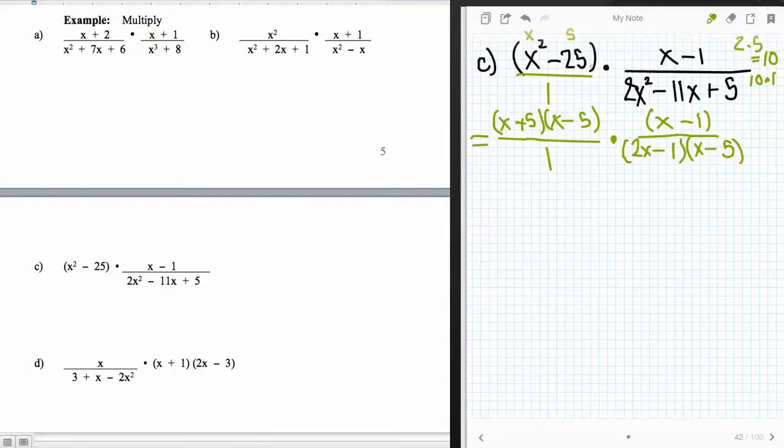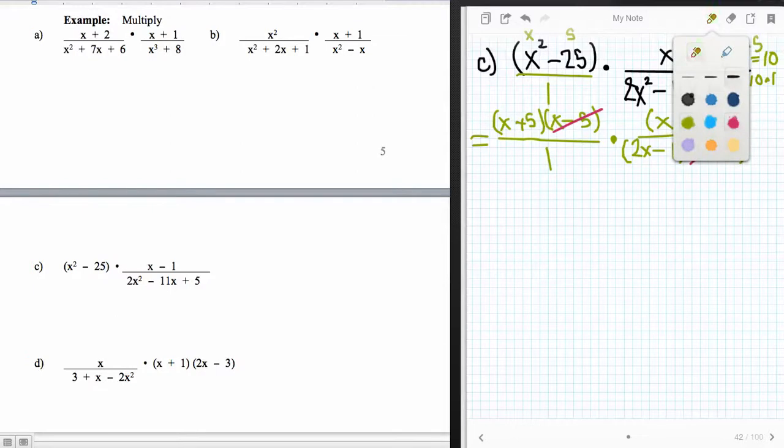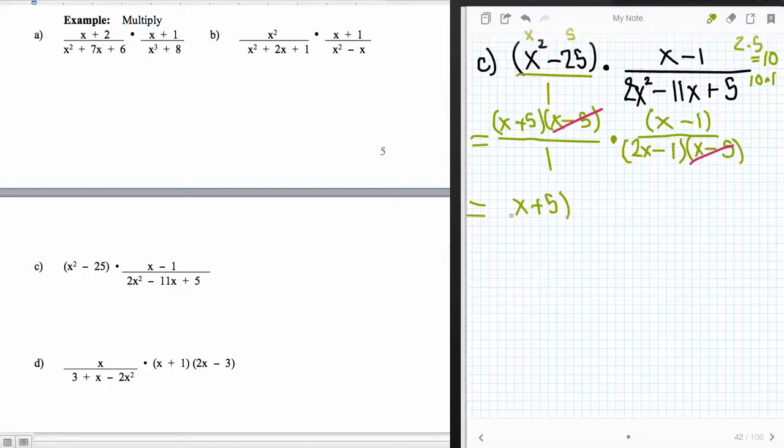And now that I have that factored, now I can do my canceling. So canceling, I have one of those going with one of those, and that's it. There are no others. So I'll rewrite this as an x plus 5 in the numerator times an x minus 1 in the numerator, and that's all over a 2x minus 1 in the denominator.